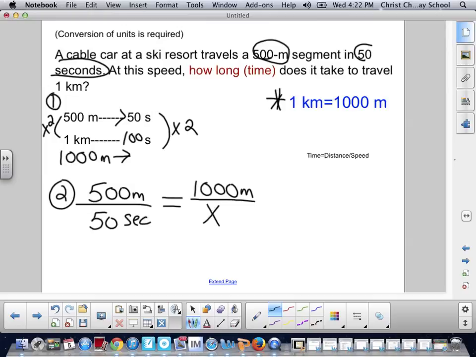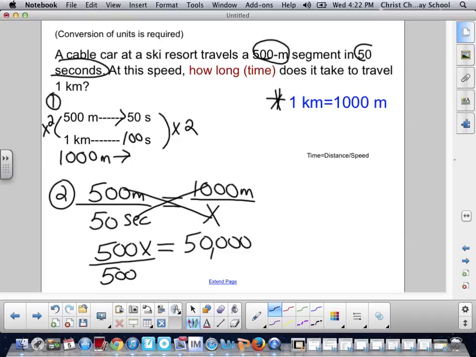And then all I need to do is simply cross multiply and divide. So let's go ahead and do that next. So 500 times x is 500x equals, and we're going to times 1,000 times 50. And 1,000 times 50 is 50,000. And then we just need to isolate our variable.